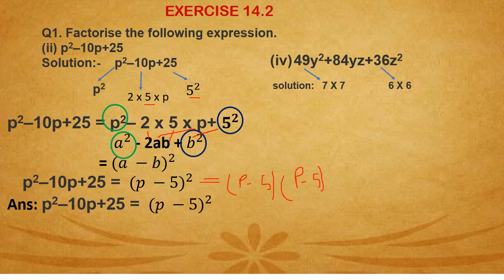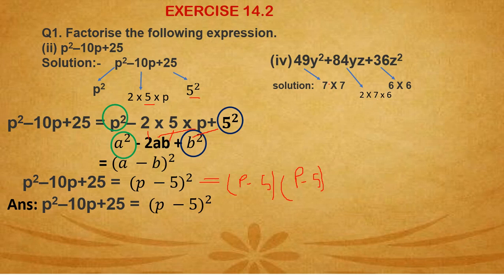So the middle term 84 will be written as a combination of this 7 and 6 with 2, so it will be 2 into 7 into 6, correct.